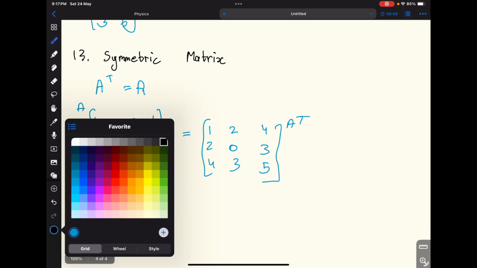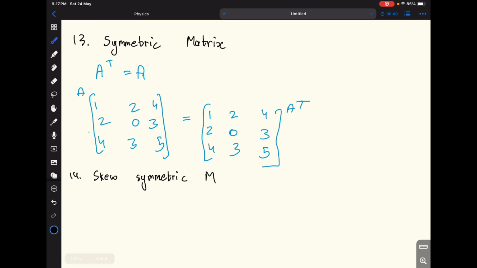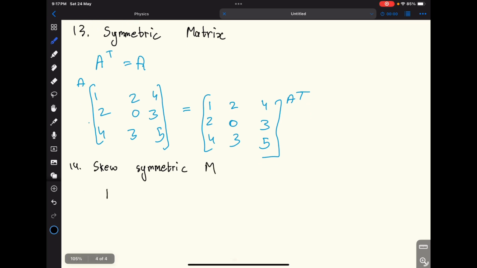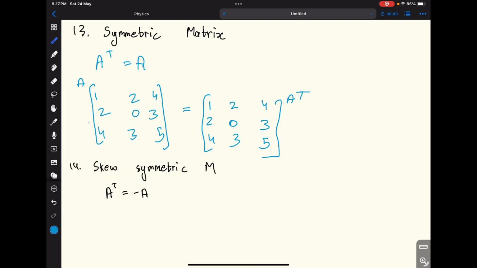And in a skew symmetric matrix, it's just the opposite. A power T is equal to minus A. That means, if we take one example, 0, 2, 6, minus 2, 0, 4.